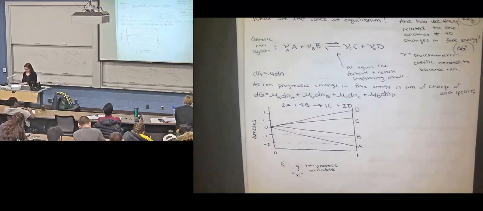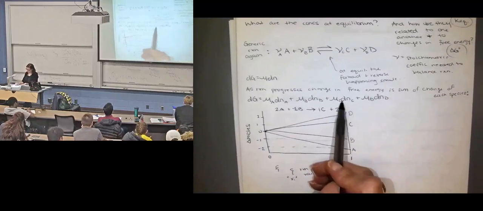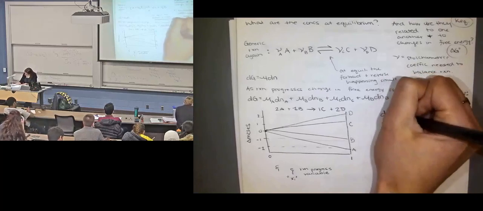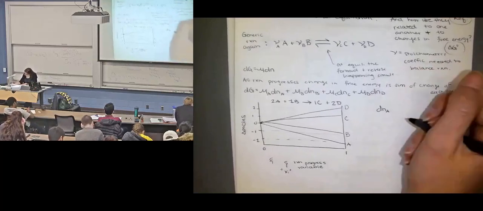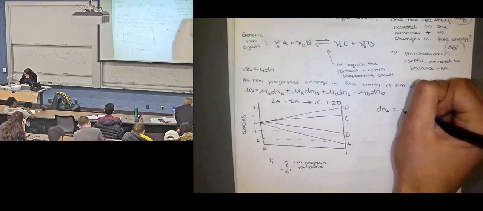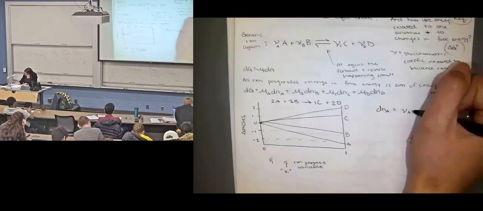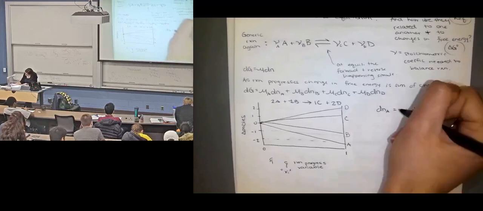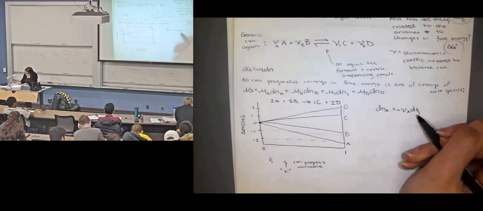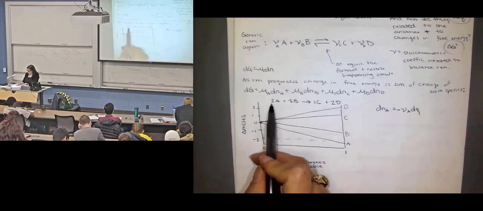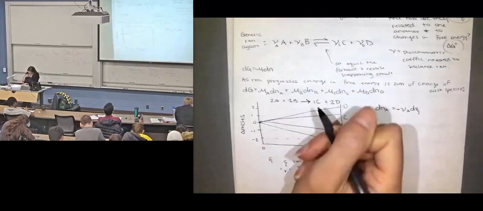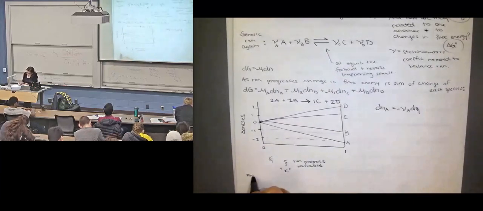So what I can do is write my change in number of moles, dN sub A, B, C, or D, in terms of the reaction progress variable. The change in number of moles of A is equal to the stoichiometric coefficient that I began with times the change in the reaction progress, and there's a negative sign because this is being consumed in the forward reaction.